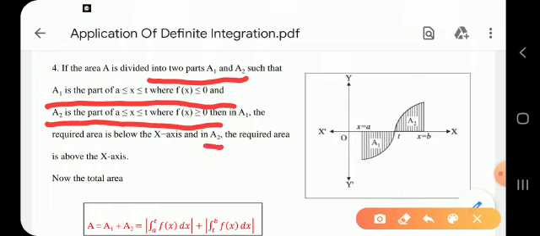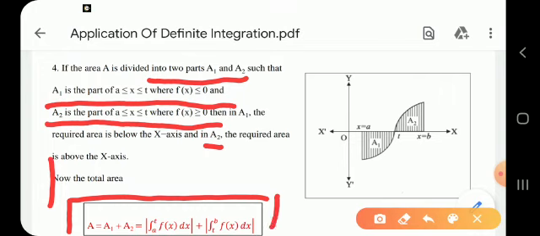And to find this total area, remember, we consider here in the box: area is equal to A1 plus A2. That is, firstly we find this point t. Then, inside the mod, the integration from a to t of f of x dx, plus inside the mod the integration from t to b of f of x dx.